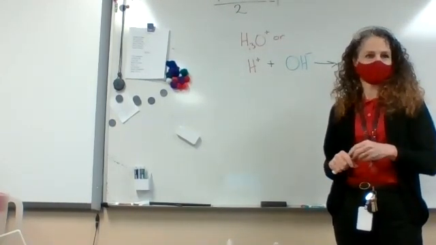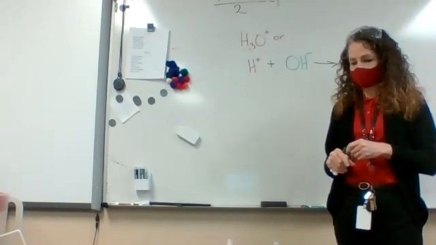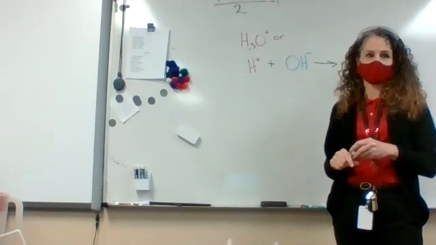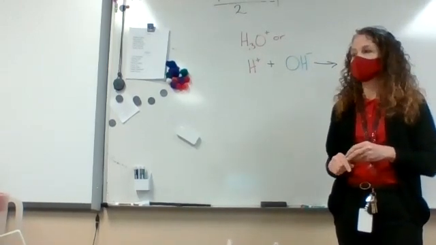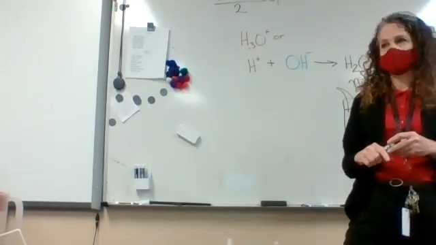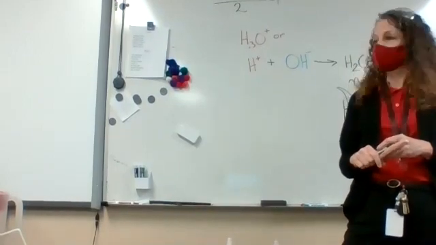So what is in universal indicator solution? What's the chemical? There are actually several chemicals in there, and I can't tell them to you off the top of my head. But there's multiple. There's a chemical in there that turns red when it's acidic, and there's a chemical in there that turns blue when it's basic. So there's a couple.